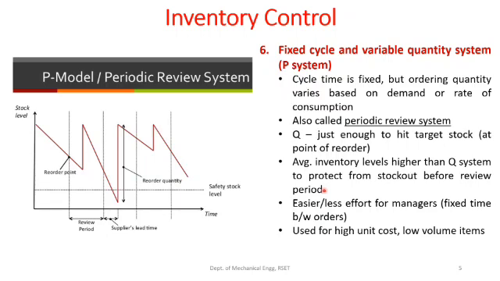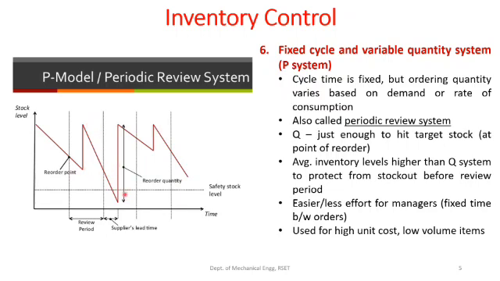Sometimes the demand or the rate of consumption is very high during a particular cycle. Here you can see that in the first cycle the stock level at the first point of review was above the safety stock level, and when the reorder was received, it was well within the working levels, so above the safety stock level.